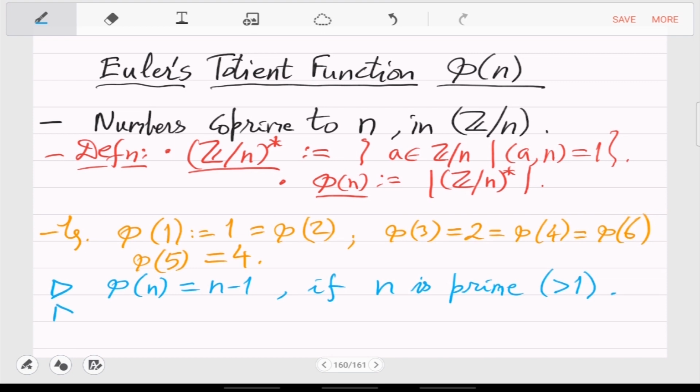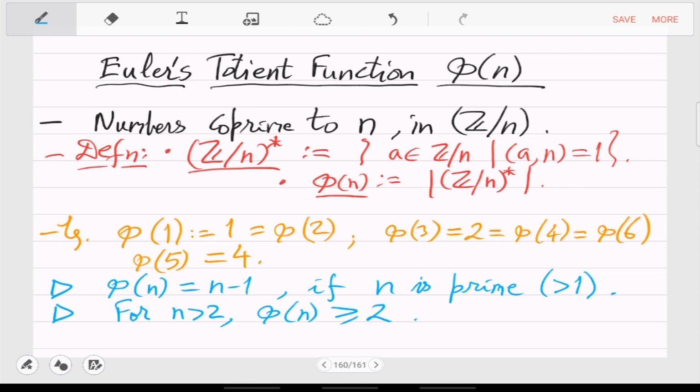And for n greater than 2, phi of n is at least 2. Yeah, what is the proof of this? Yes, so the certificate is 1 and minus 1, right? Minus 1 is basically n minus 1. Those two elements will always be co-prime to n.